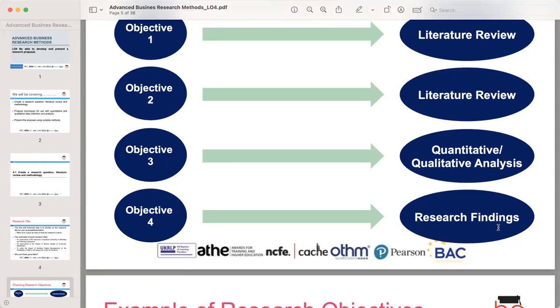This objective involves organizing and presenting our findings in a clear and concise manner using appropriate visual aids and examples. By effectively communicating our research findings, we can contribute to the existing body of knowledge and potentially influence future research or decision-making processes.